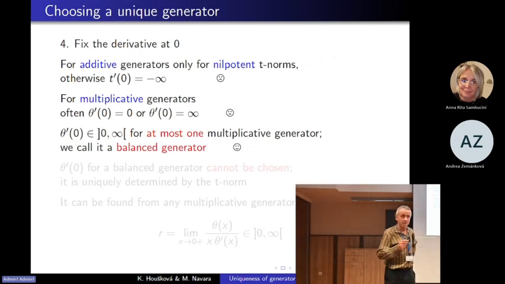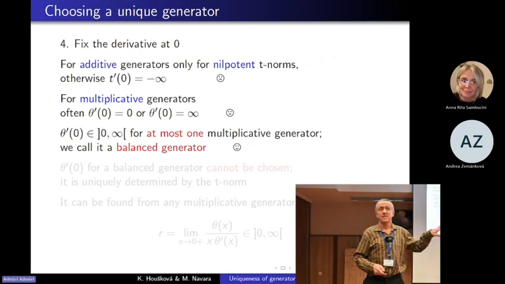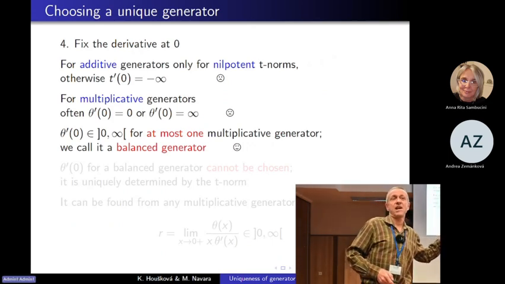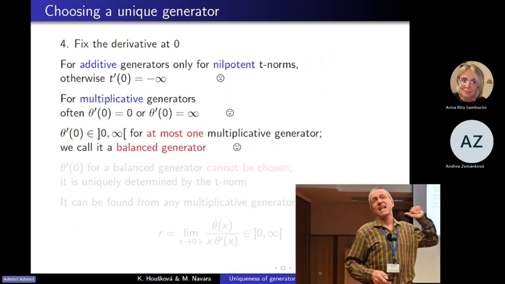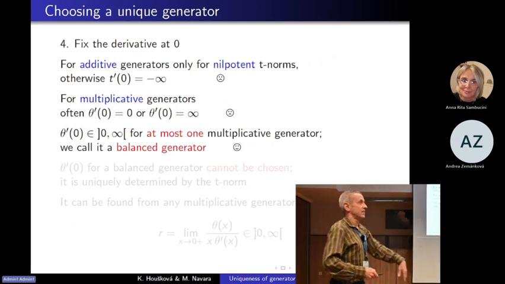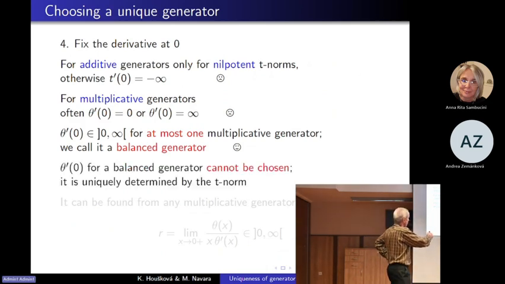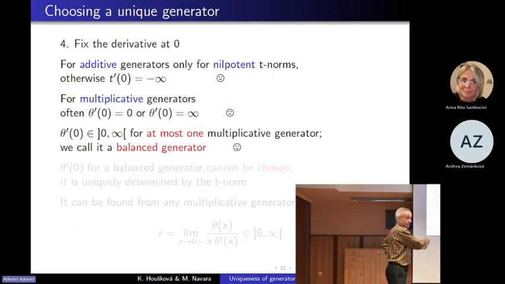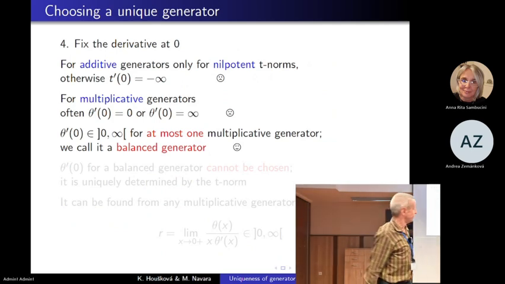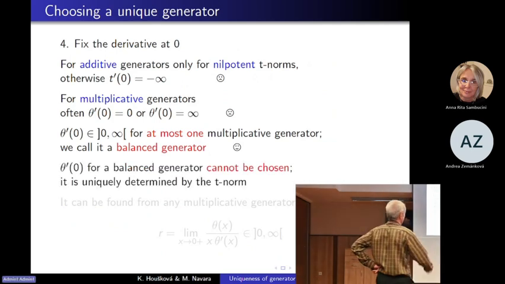It's a special multiplicative generator which has a nice derivative at 0. If it exists, it's at most 1. Some strict t-norms do not have it, and if they have it, that's just 1. Any other generator falls into one of these degenerate cases. So let's use the balance generator.